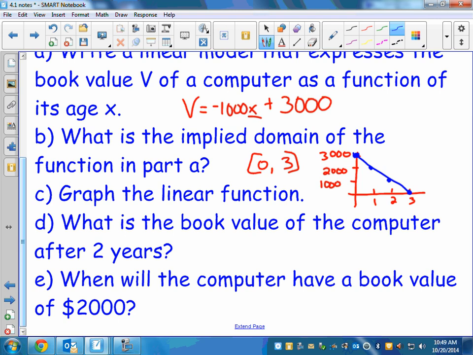We could look on here and say, after 2 years, how much is it worth? $1,000. So they give you the x value on that and ask you for the y value. But on E, they say, when will the computer have a book value of $2,000? $2,000 is after 1 year, so 1.